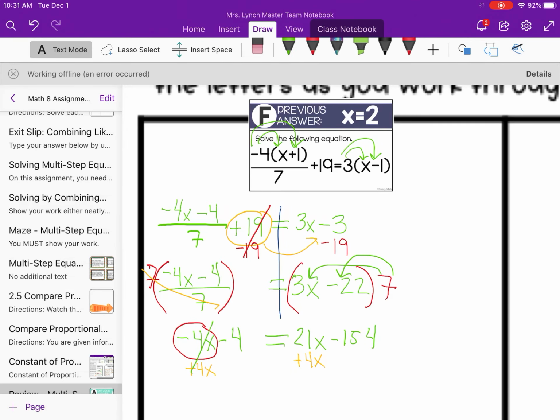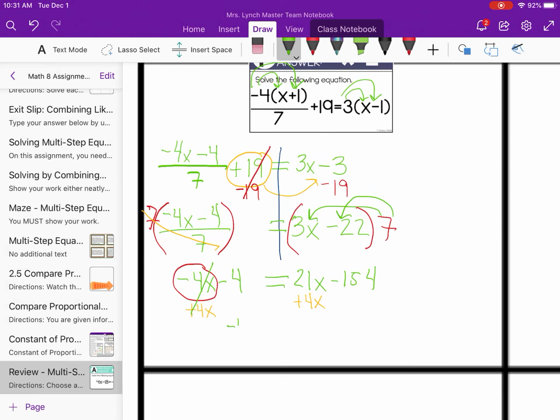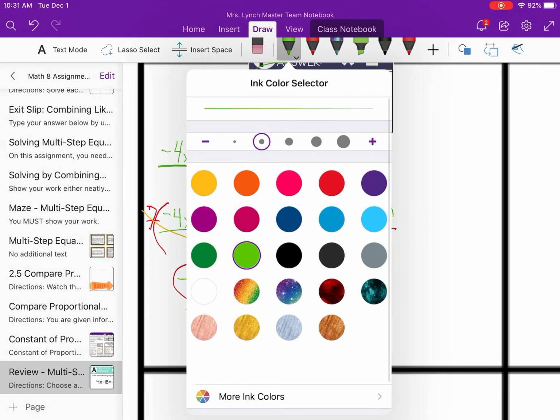Okay, so that cancels. You're left with your negative 4 equals 21 x's plus 4 more x's would be 25x minus 154. And now we have two numbers to bring together, so we only have 2 steps left.